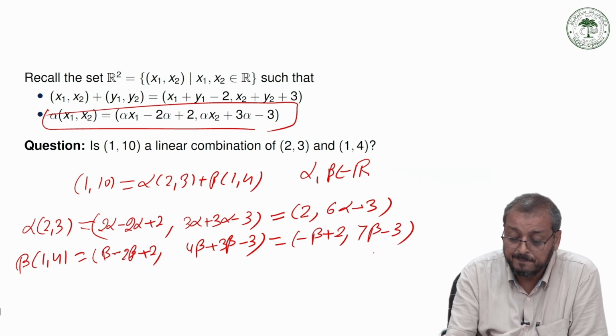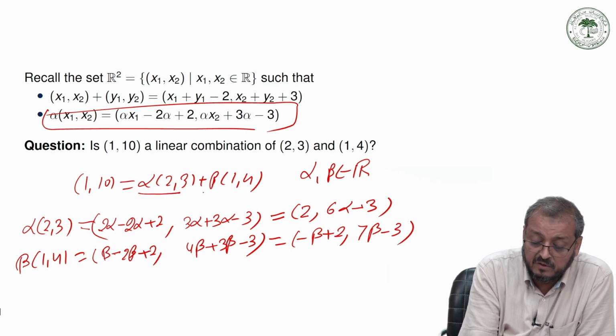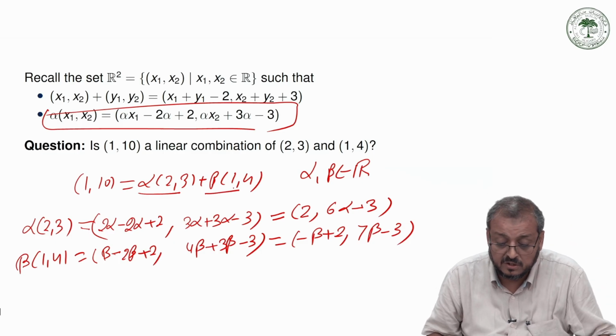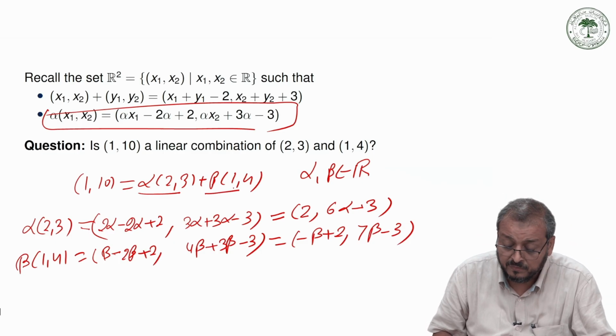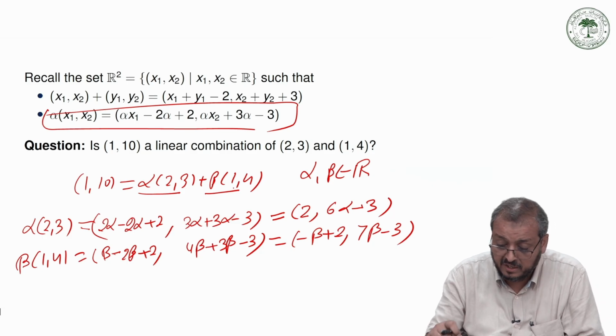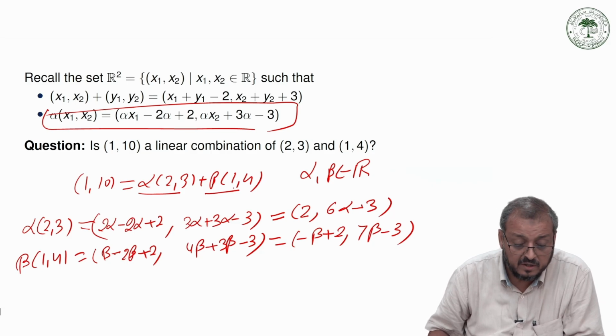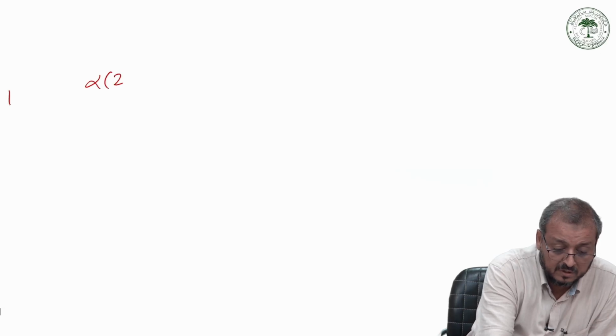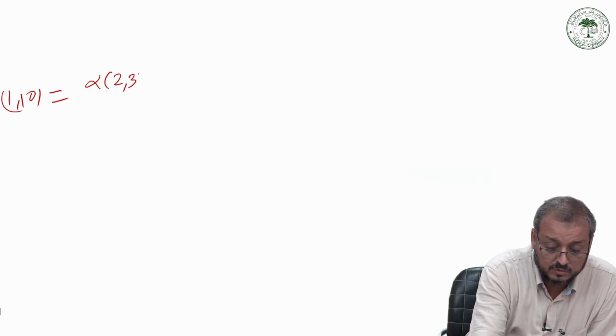Now we take this quantity and this quantity, and we can write the sum of these two terms. So we can write alpha times (1, 10) is equal to alpha times (2, 3) plus beta times (1, 4).